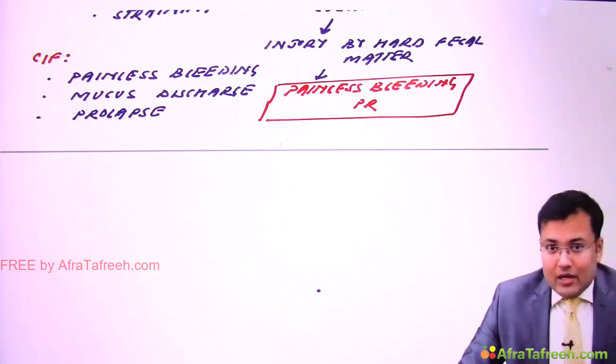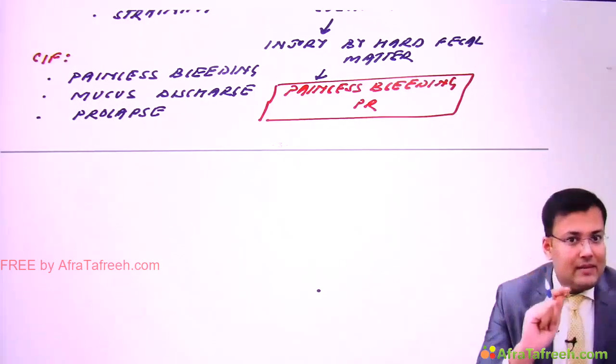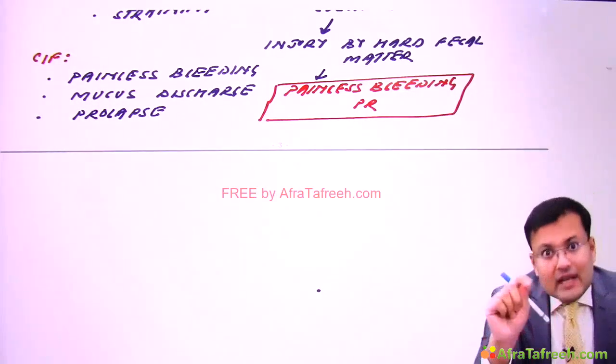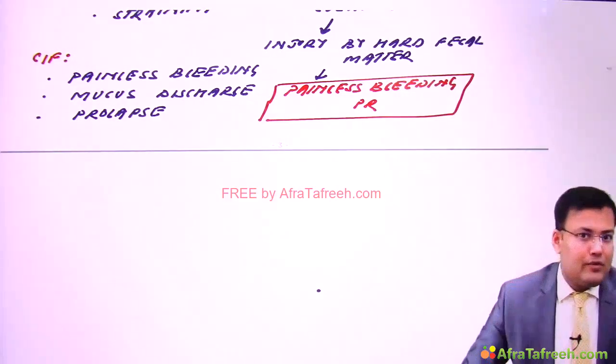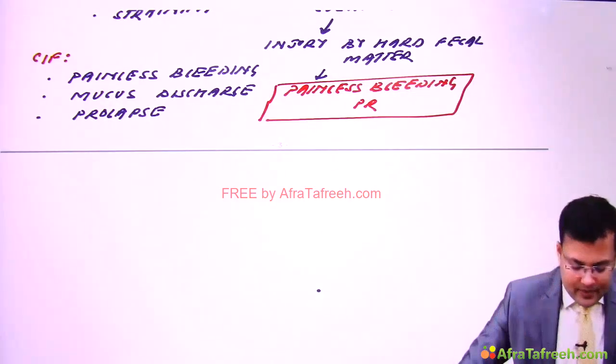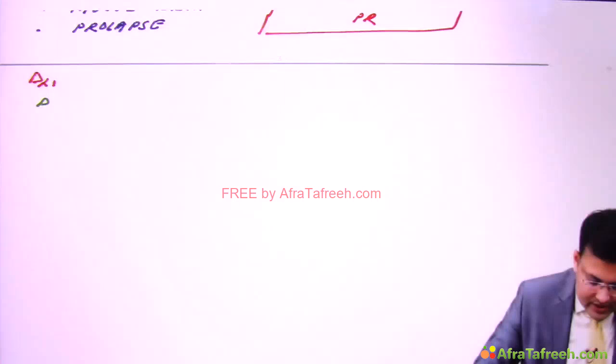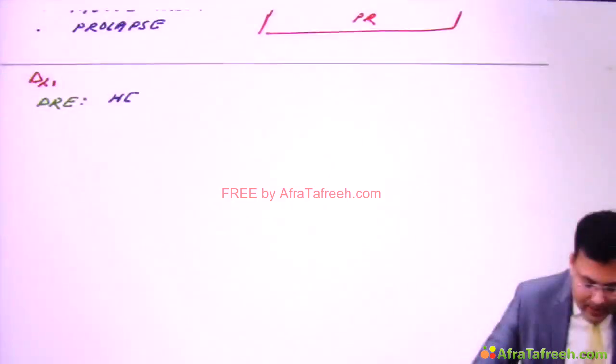If hemorrhoids are non-palpable, obviously you cannot make the diagnosis on digital rectal examination. That's why you have to visualize the hemorrhoids and perform proctoscopy. So how do you make the diagnosis of hemorrhoids? By proctoscopy. We perform the digital rectal examination, and you have to remember that hemorrhoids are non-palpable.